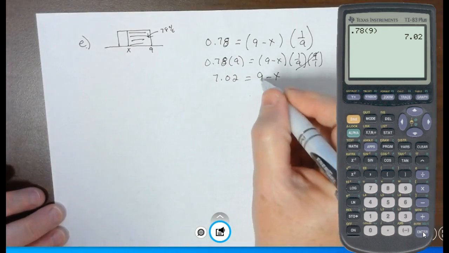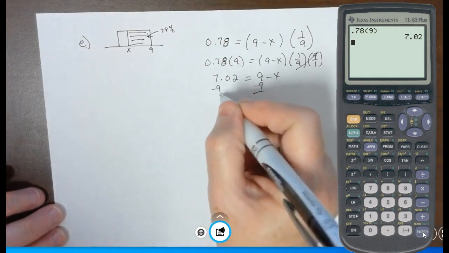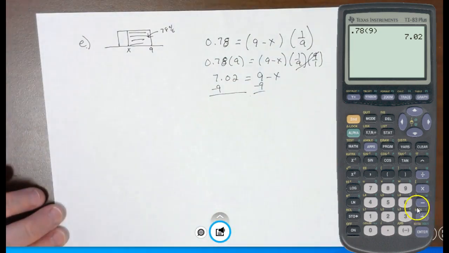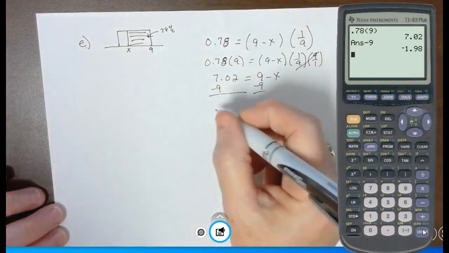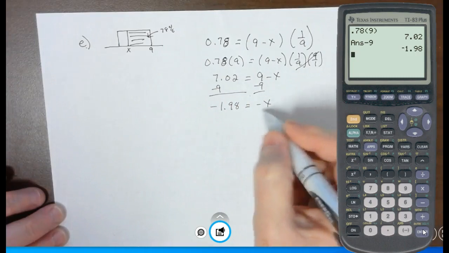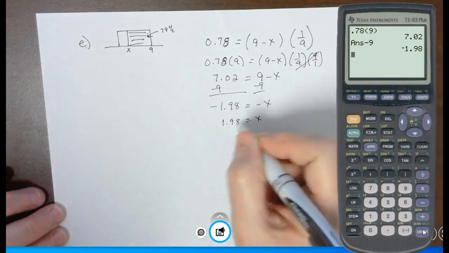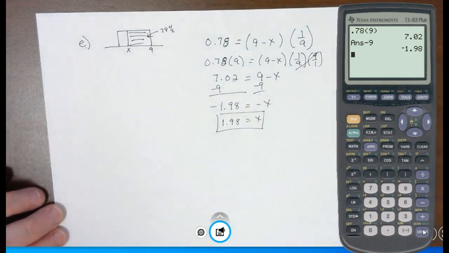So I'm going to subtract this 9 from both sides. So 9 minus 9. Okay. And then 7.02 minus 9 gives me a negative 1.98, which equals negative x, and then multiply both sides by negative 1, and so I get an x of 1.98.